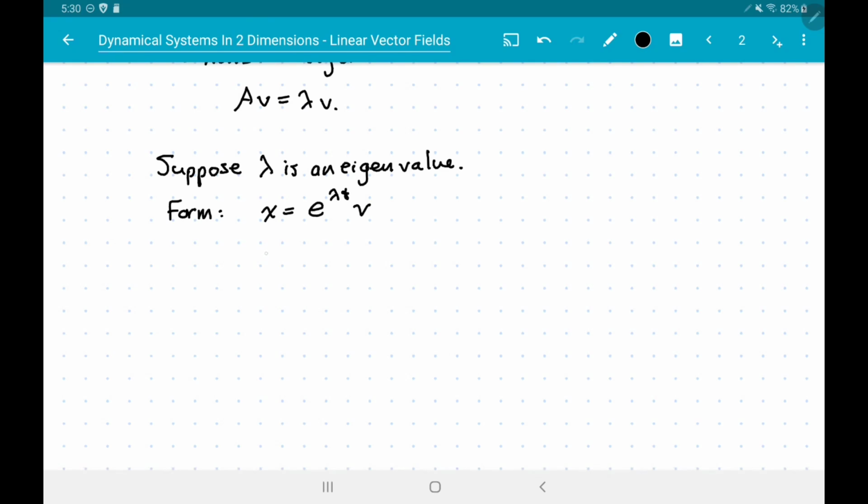As before, I can do a little bit of checking with this. x of 0 is just 1 times v, which is v. But furthermore, x dot, the derivative with respect to time, is lambda e to the lambda t times v, which means that x dot equals lambda times x.